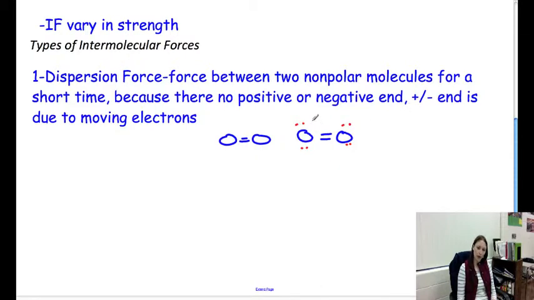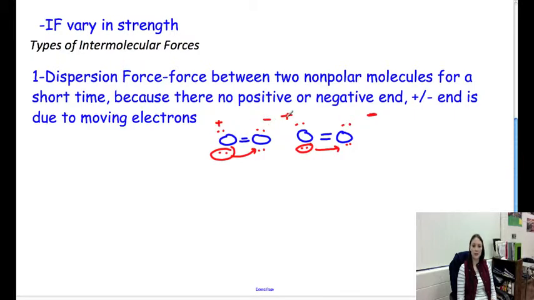So as these electrons move a little bit this way, now I've got more negative on this end and less negative on the left end. So this molecule becomes a little bit positive and a little bit negative on each side. If it finds another nonpolar molecule, and on this one the electrons are moving this way, now I've got a little bit of a negative end and a little bit of a positive end.